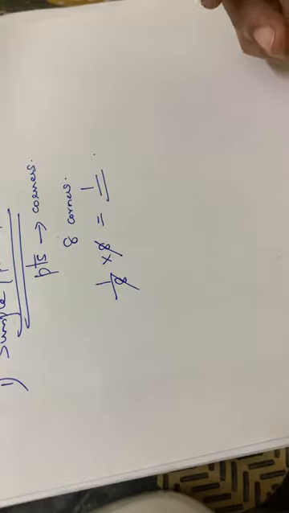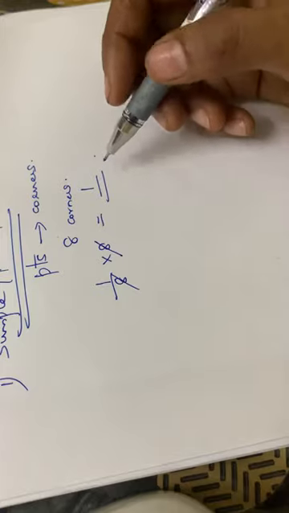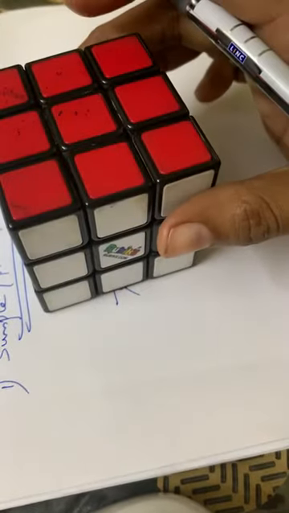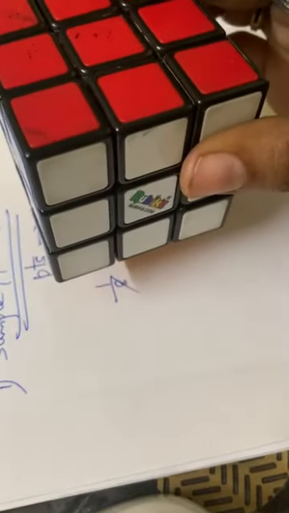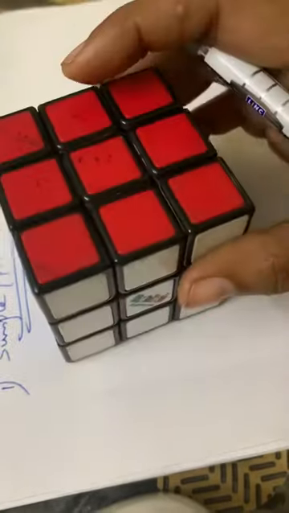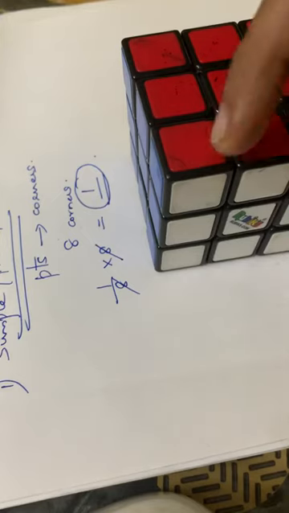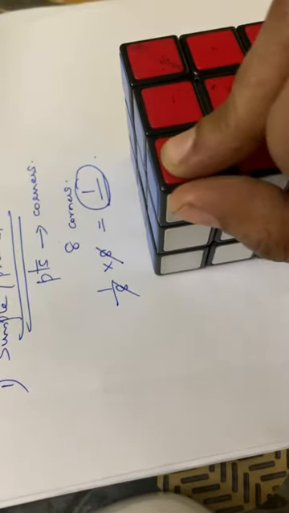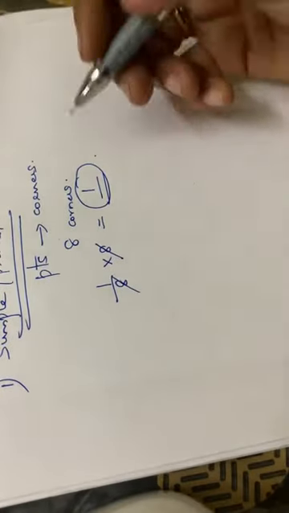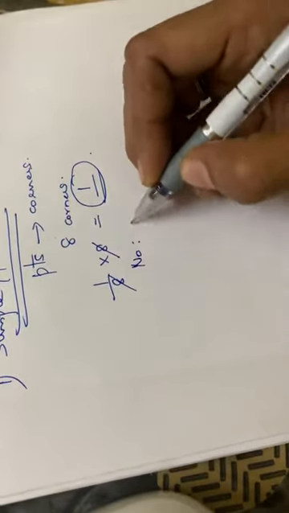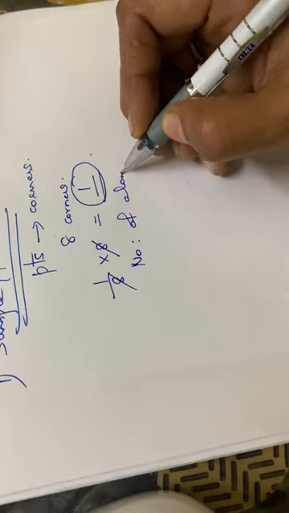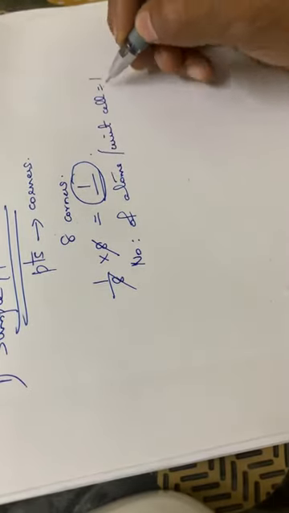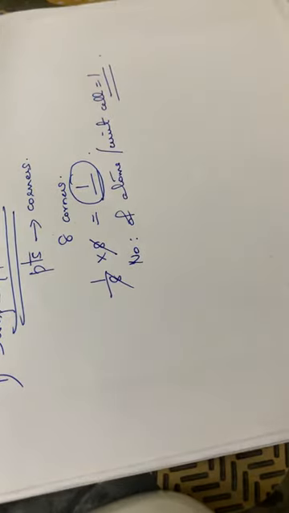So the total number of atoms per unit cell for a simple or primitive lattice will be equal to 1. That is, for this particular unit cell, the number of atoms in effect will be equal to 1.